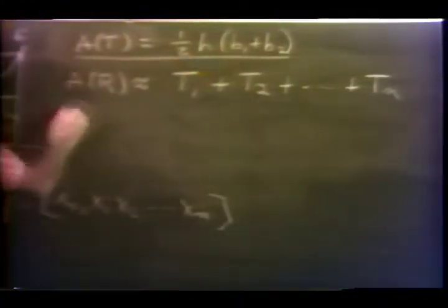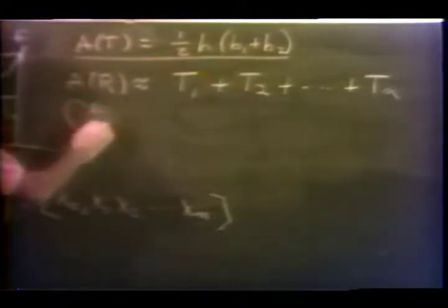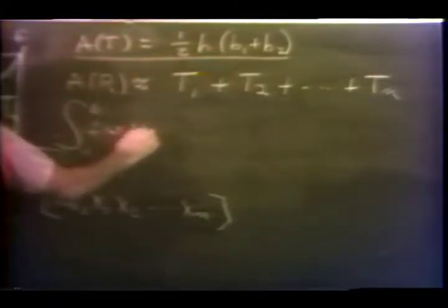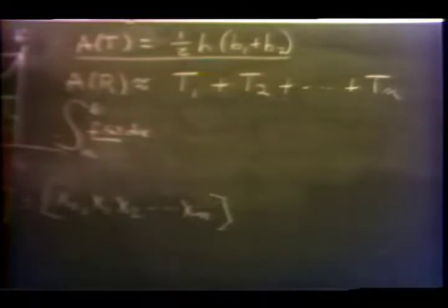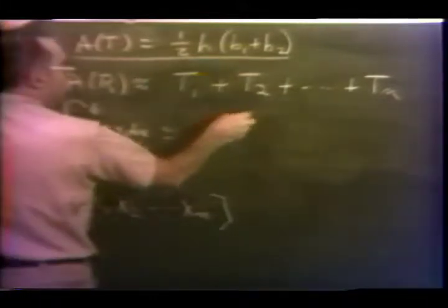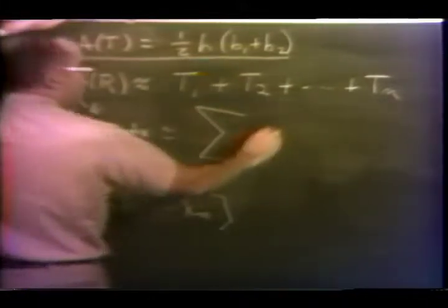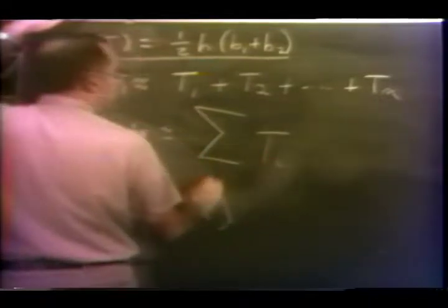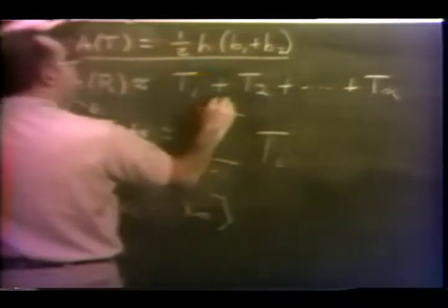If we're trying to evaluate this integral from a to b of f of x dx, and this is a function that we can't find the antiderivative for, or there's no nice capital F for the fundamental theorem, then we're going to approximate it by taking the sum of the trapezoids from i equals 1 to n.